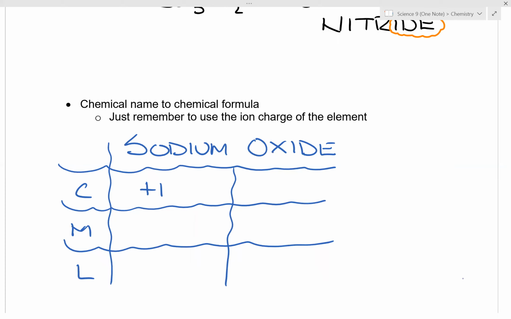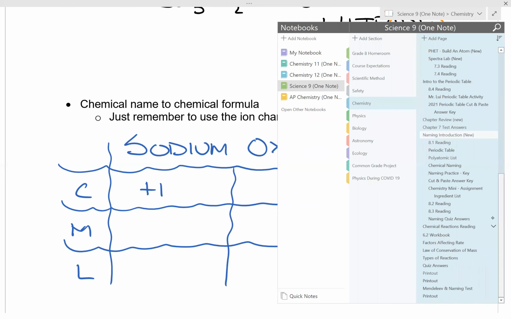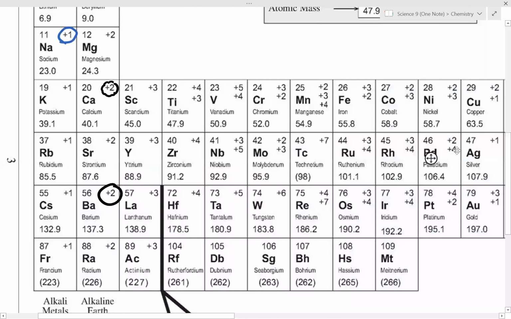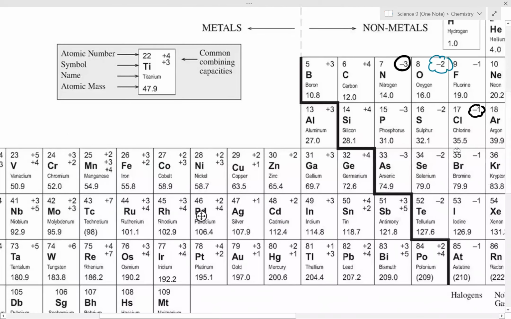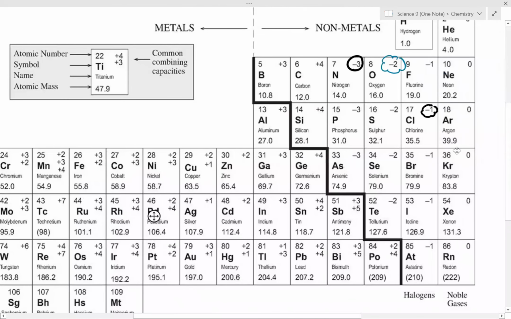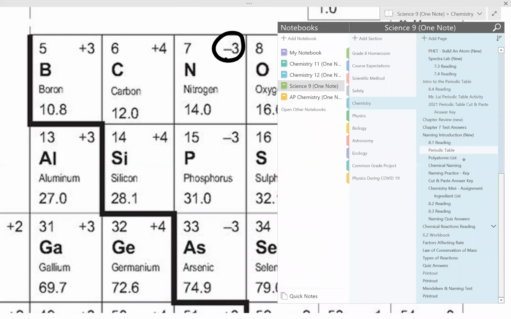Now, for oxide, you might say, well, what is oxide? Well, oxide is just oxygen. So for oxygen, I've already highlighted here, oxygen has a charge of -2. Now, that's one way to do it, but there's a little bit of a cheat that I provided for you on the back side of your periodic table.